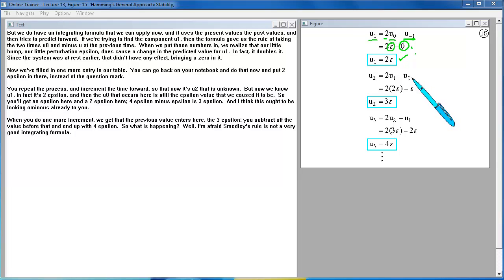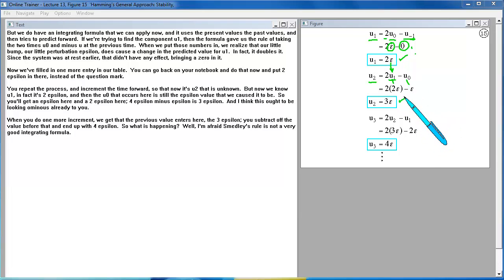You could go back on your notebook and do that now and put 2 epsilon in there instead of the question mark. You repeat the process and increment your time forward so that now it's u2 that's unknown, but now we know u1, in fact it's 2 epsilon. And then the u0 that occurs here is still the epsilon value that we caused it to be. So you get an epsilon here and a 2 epsilon here. 4 epsilon minus epsilon is 3 epsilon.